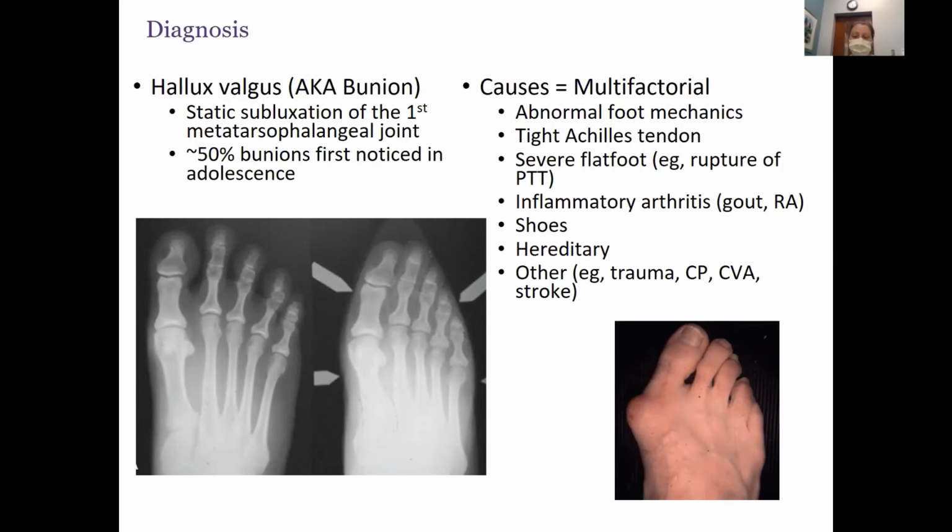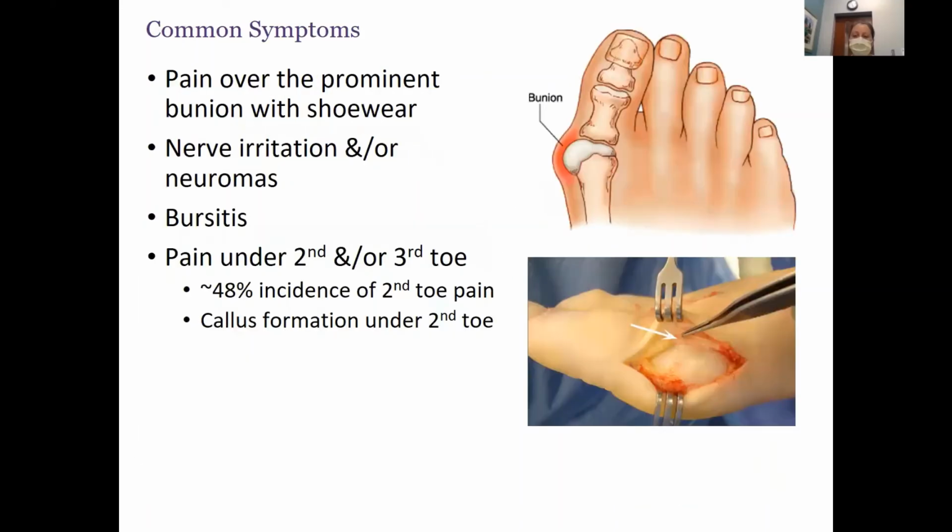It's due to multiple issues in terms of you inherited it from mom or dad, due to shoes, can be due to post-traumatic issues. So basically it's multifactorial, caused by multiple things. But it can cause significant problems with shoe wear, balance, and so that's why I wanted to bring it up for today's talk. Most commonly you see pain over the prominent portion of the bunion, worse with shoe wear.